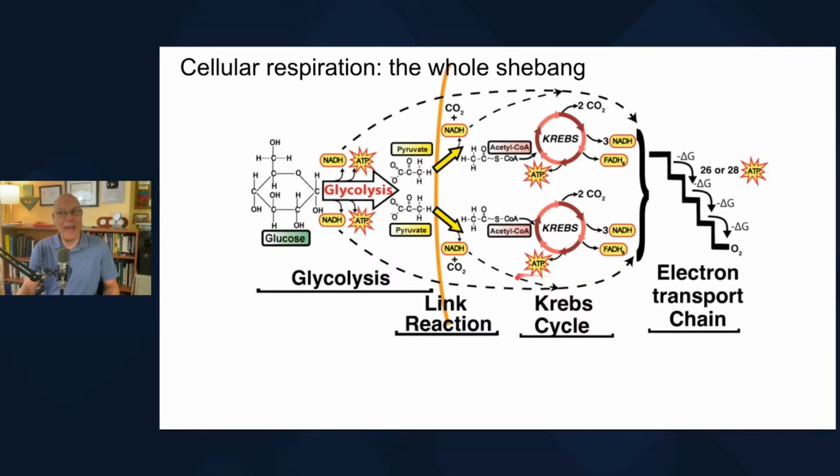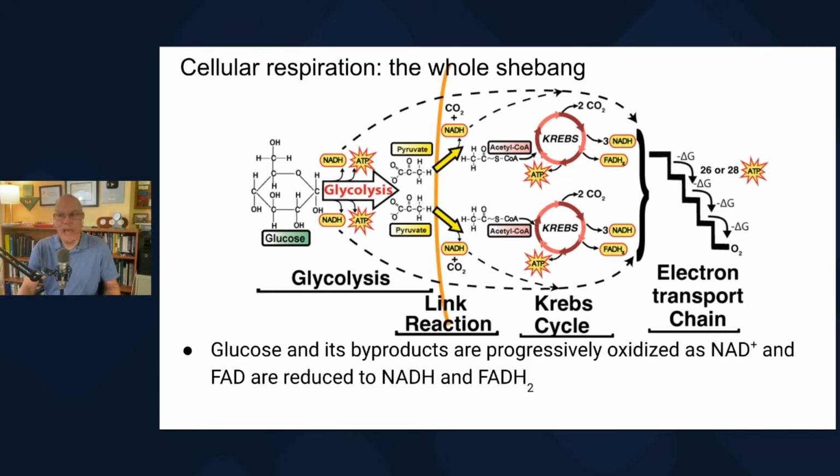Now, when you look back at this diagram, you might see something that you didn't notice before. There are all of these NADHs over here, over here, over here, and FADH2 appears as well. Those are mobile electron carriers. And again, they're like rechargeable batteries that will carry energy over to the electron transport chain where most of the ATP in cellular respiration is produced. Glucose and its byproducts.